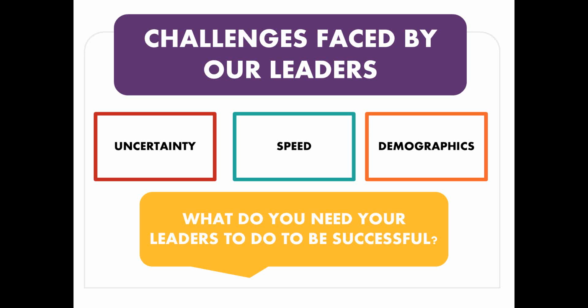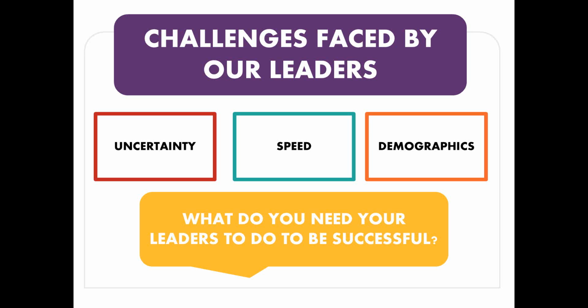The uncertainty of the marketplace. We don't really know what's coming next. What's going to be the next great innovation that's going to impact our industry, our organization, my team? The speed with which we need to work today, and I would add to that, the speed with which we need to adapt has never been greater. And we mentioned the workplace demographics.